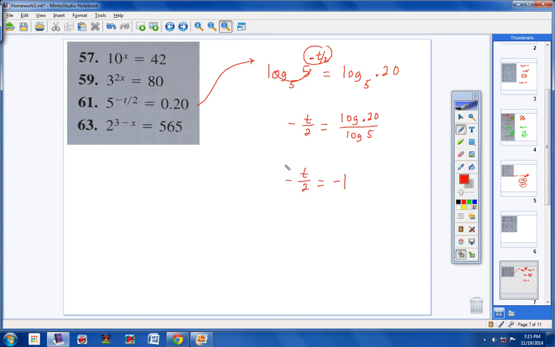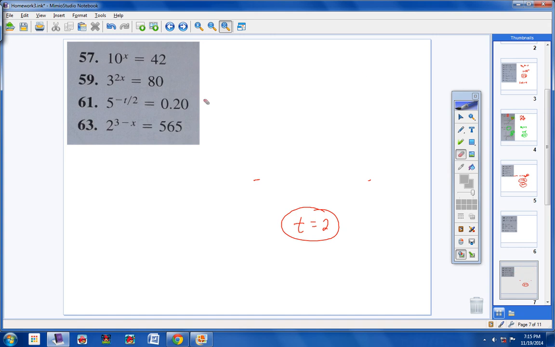Multiply this side here by negative 2, and you will get t equals 2. Okay, let's check the back of the book. And that is correct.